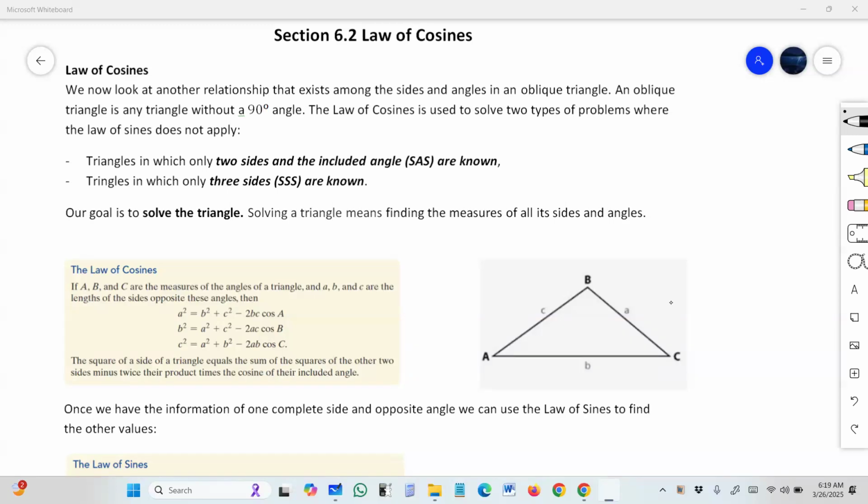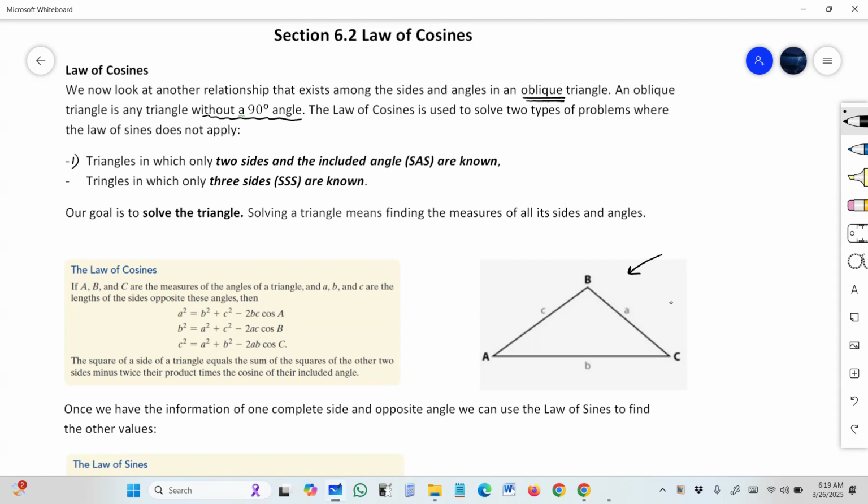So it's just another relationship on the sides and angles of a triangle, specifically an oblique triangle. An oblique triangle is just a triangle that doesn't have a 90-degree angle, right? So something that looks like this, for example, okay? And the law of cosines is going to help us solve two types of problems.